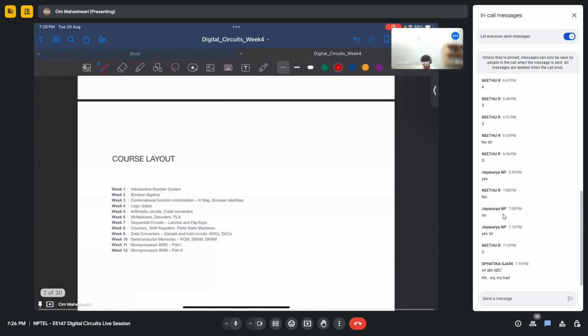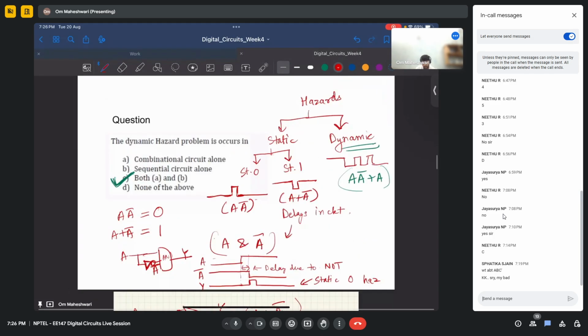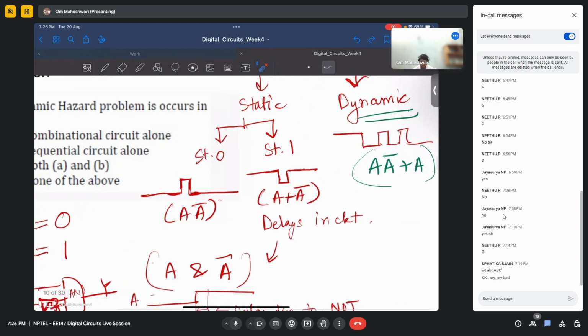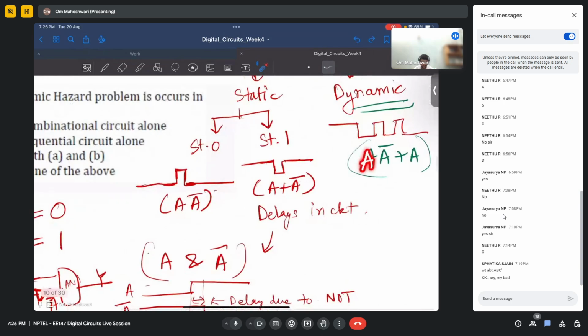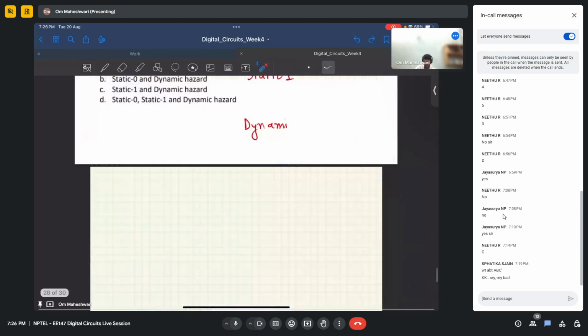Static 0 hazard will be in the case when we have A A bar in the expression. Static 1 hazard will be there when we have A plus A bar in the expression. And dynamic hazard will be there when we have A A bar plus A in the expression. So I will take this information back here.